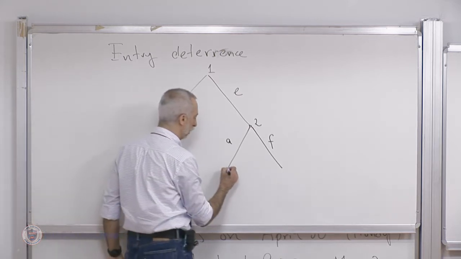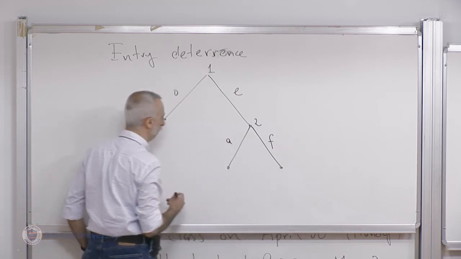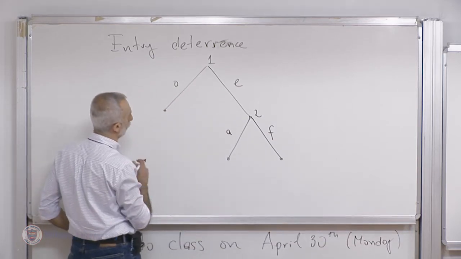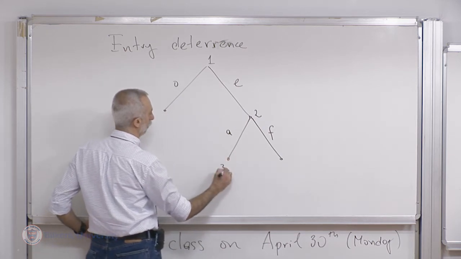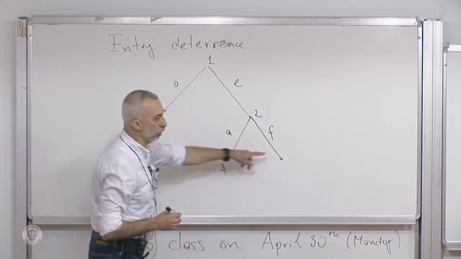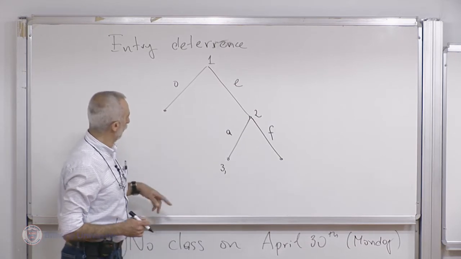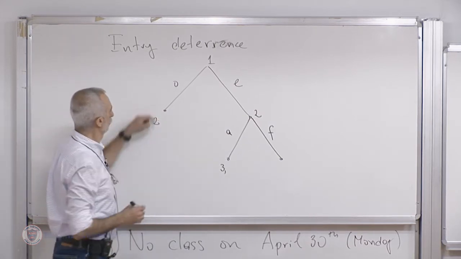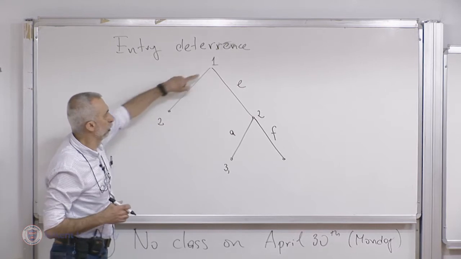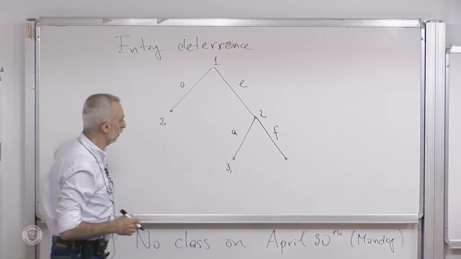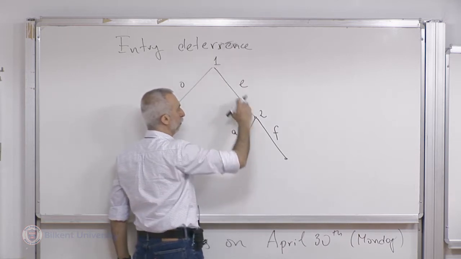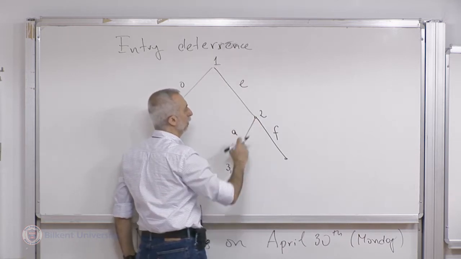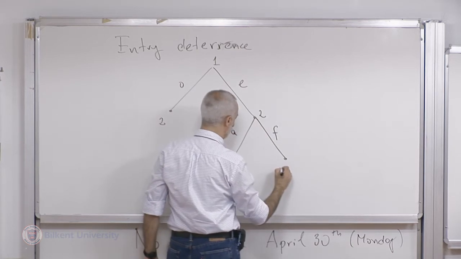And in each case, the game ended, and the payoffs that we used were, first of all, this was the best outcome for firm 1. So there's 3 nodes, so I'll start with 3. And then the second best was the outcome corresponding to firm 1 staying out of the market. And the worst one was the outcome induced by the action of entering by firm 1 and fighting by firm 2.